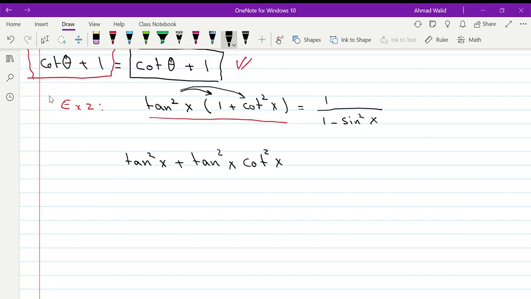Now I'll rewrite everything in terms of sine and cosine. Tan squared x means sine squared x over cosine squared x.